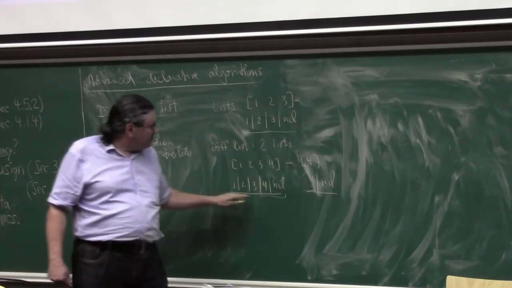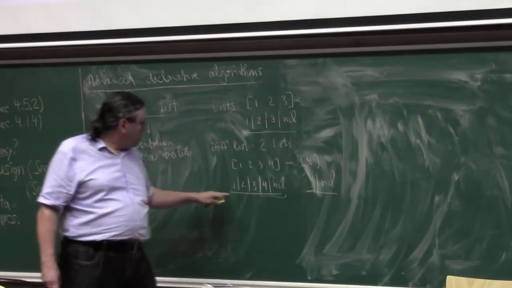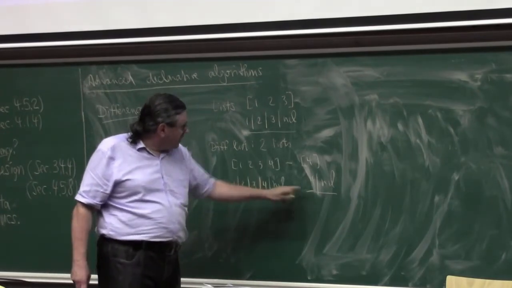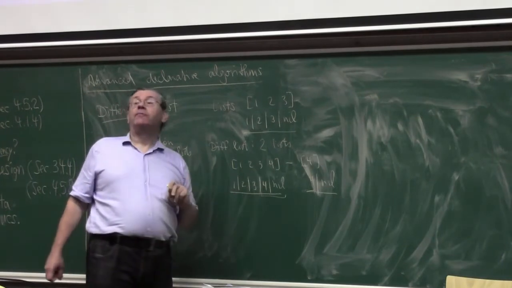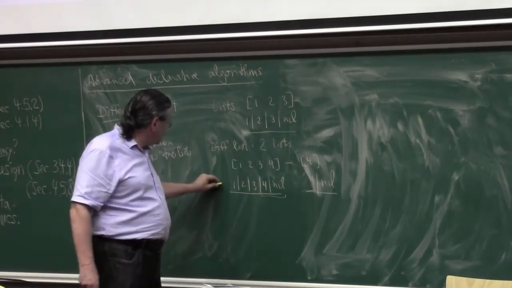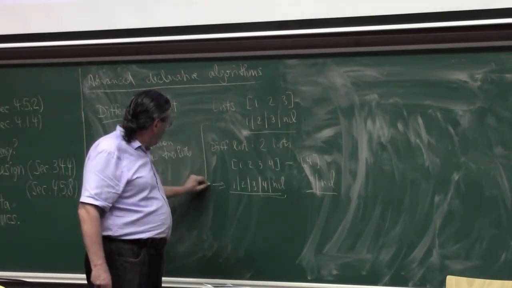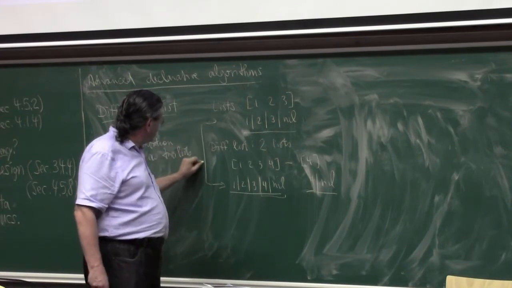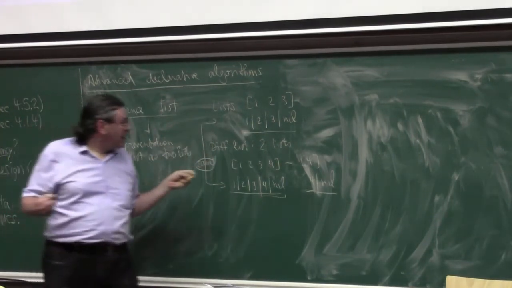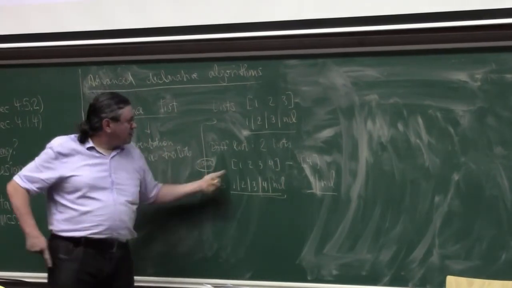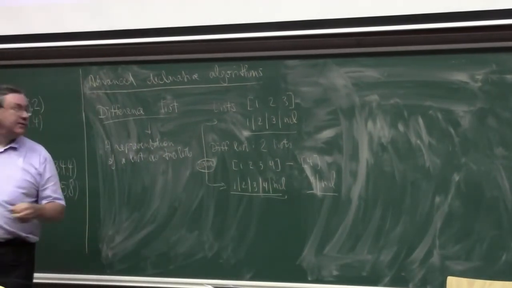If we take the difference between the two, we basically remove the second list from the first one, and we get the list 1, 2, 3. So this is another representation of 1, 2, 3. That's pretty simple, right? I represent the list as two lists. So why is that a good idea?